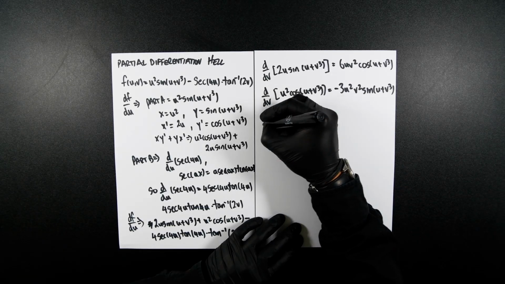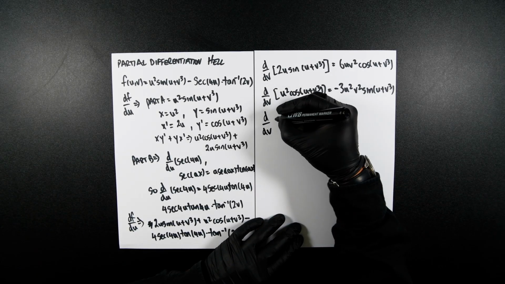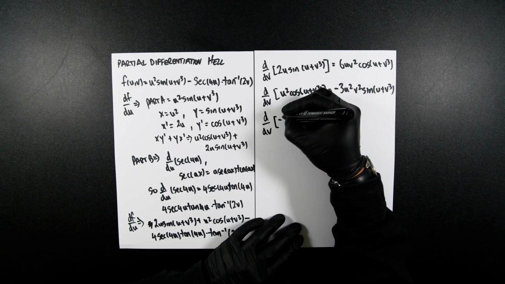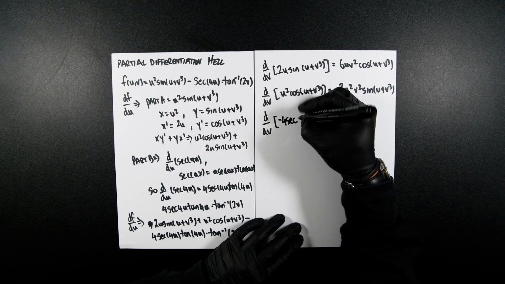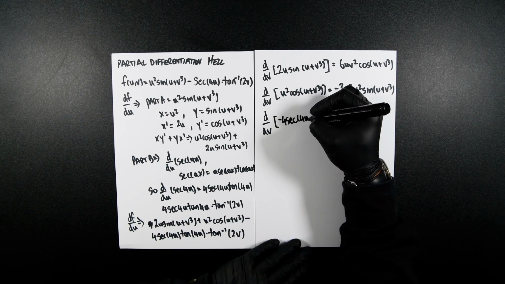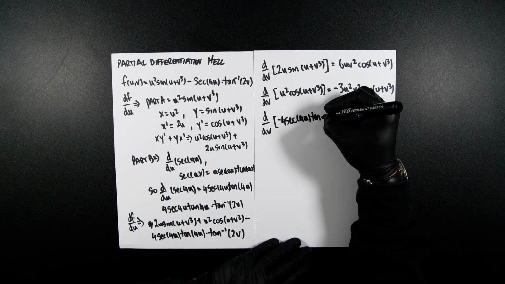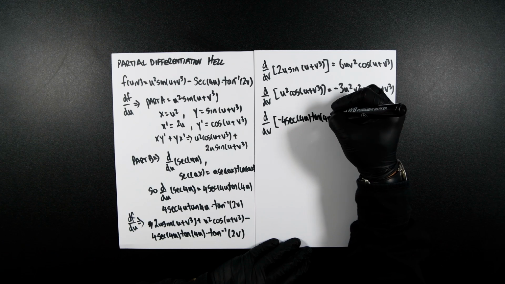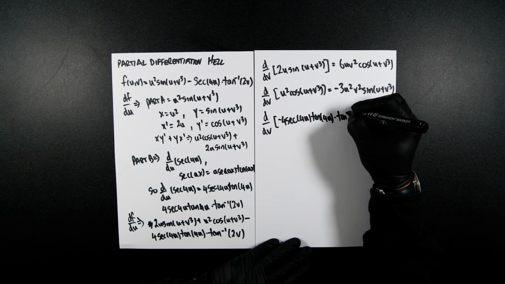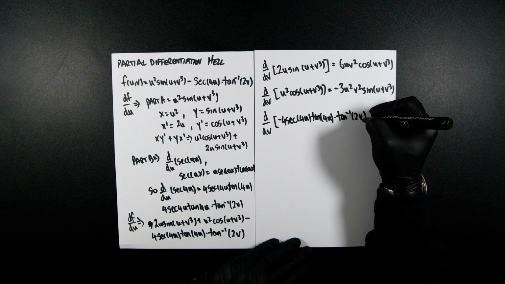And then finally we have minus 4 sec 4u tan 4u dot tan minus 1 2v.